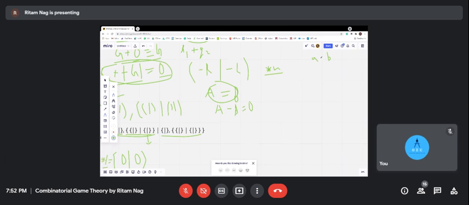If you have a game with A piles and B piles, then that game is actually equivalent to the game with A plus B piles, where you have this exclusive OR for this plus thing. That's why this number is actually important. This 2 pile game is equivalent to the single pile game, and we actually proved that last day. Okay.